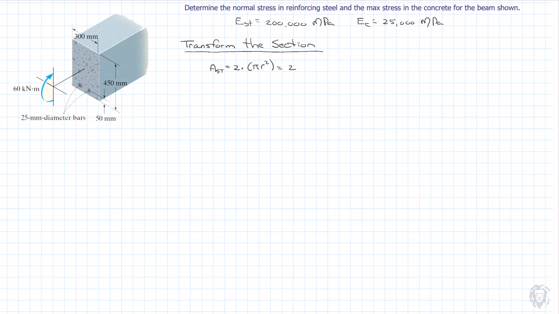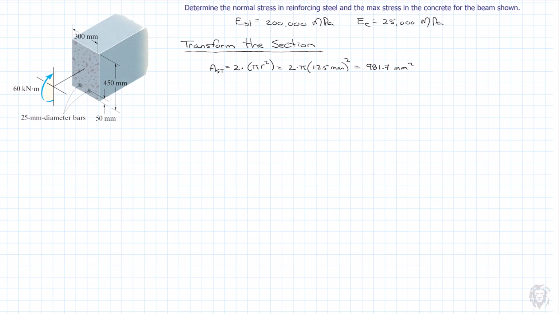That's equal to 2 times pi times our radius, which is, what do we have here, 25 millimeter bars, so 12.5 millimeters is the radius. That is squared, and all of that should come out to 981.7 millimeters squared.